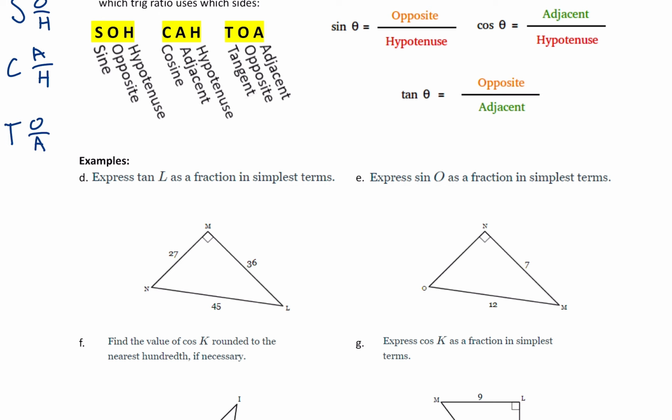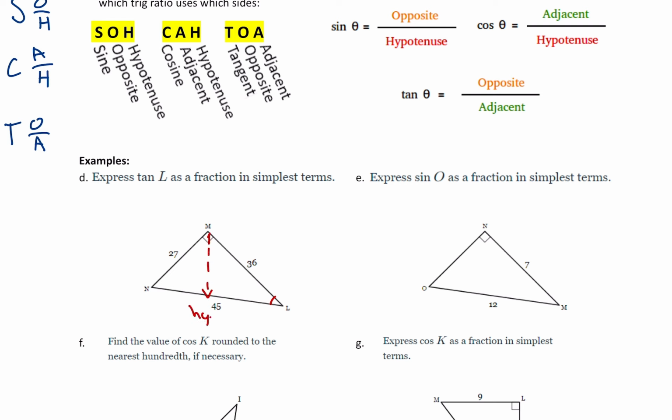In D, it says express the tangent of L as a fraction in simplest terms. Okay, so step 1, identify my angle. It wants L to be the angle I talk about. So that's this angle down here. Now step 2, I need to label all my sides. The hypotenuse is always the easiest one because it's always straight across from the 90-degree angle.